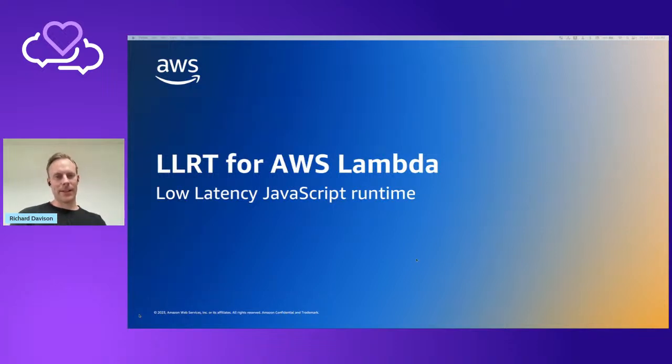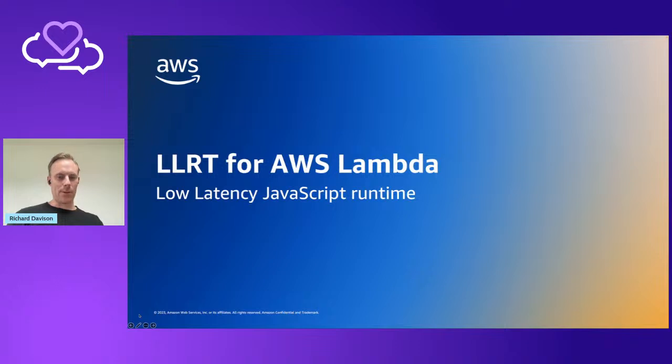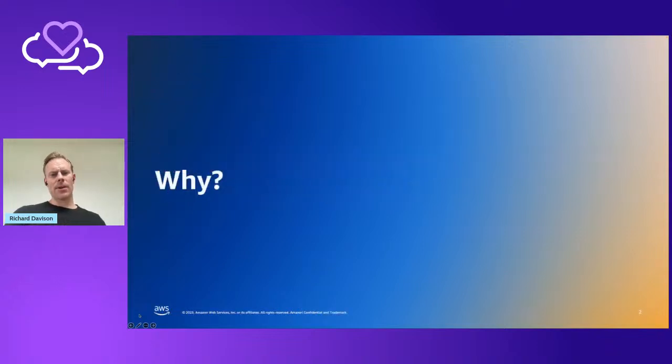LLRT is short for Low Latency Runtime, and it's a custom JavaScript runtime built from the ground up to address the growing demand for fast and efficient serverless applications. I wanted to start by addressing what I mean by built from the ground up, and give some rationale for why I think this is needed and what led up to this project.